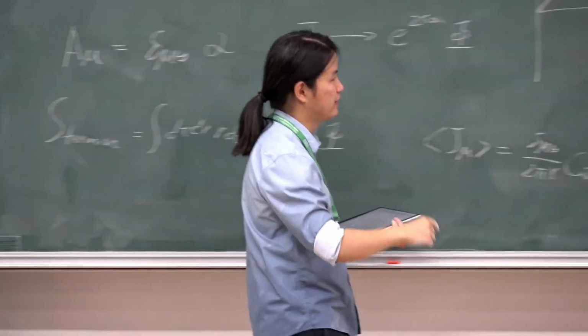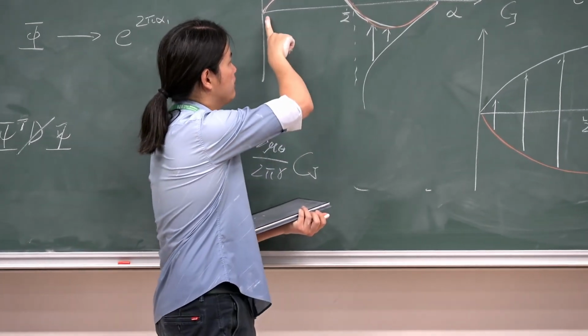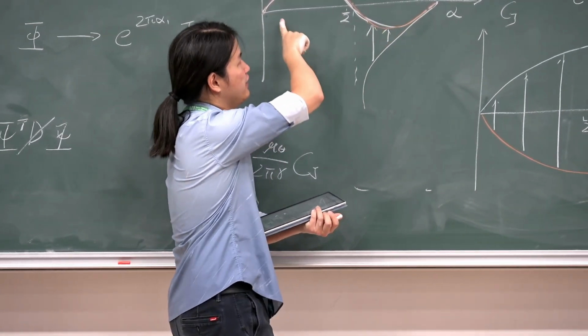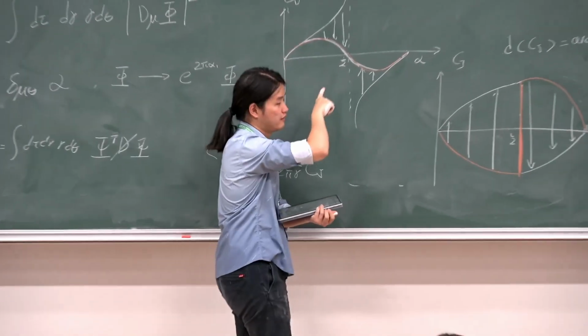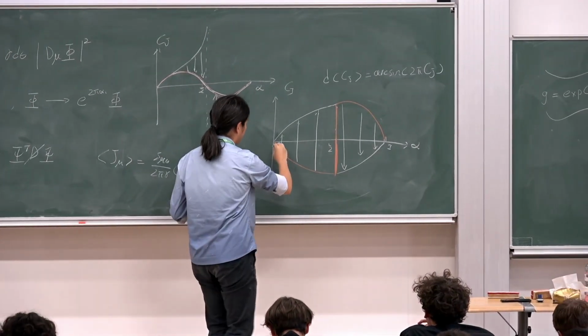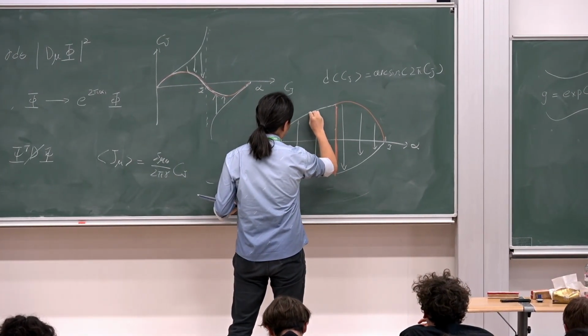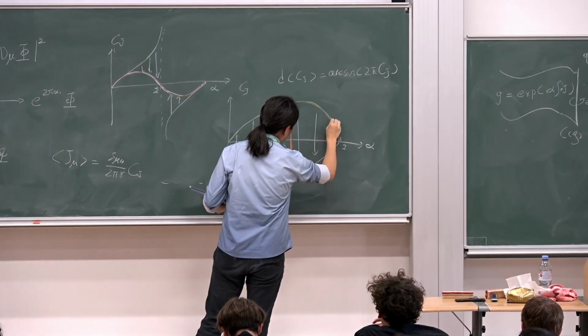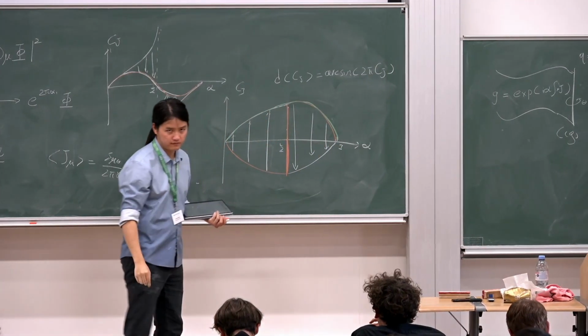So here I'm adiabatically tuning this alpha from 0 to 1, and I make sure I stay in the boson fixed point that is IR stable. Then I would have to come along this way and stay in the upper branch all the way to alpha equals 1.